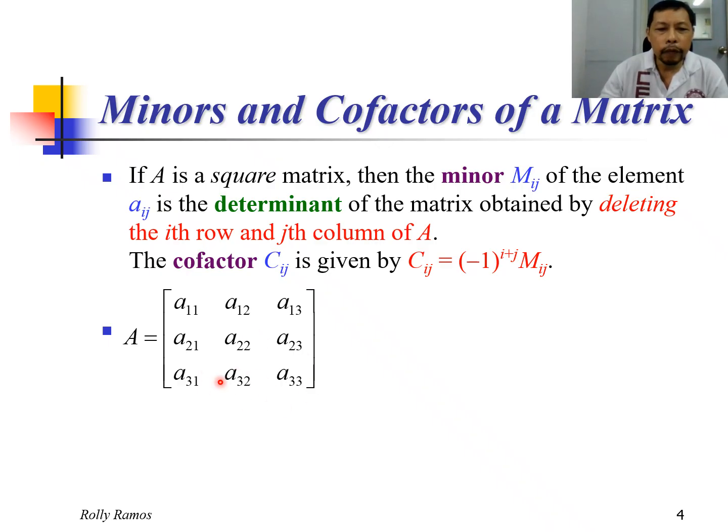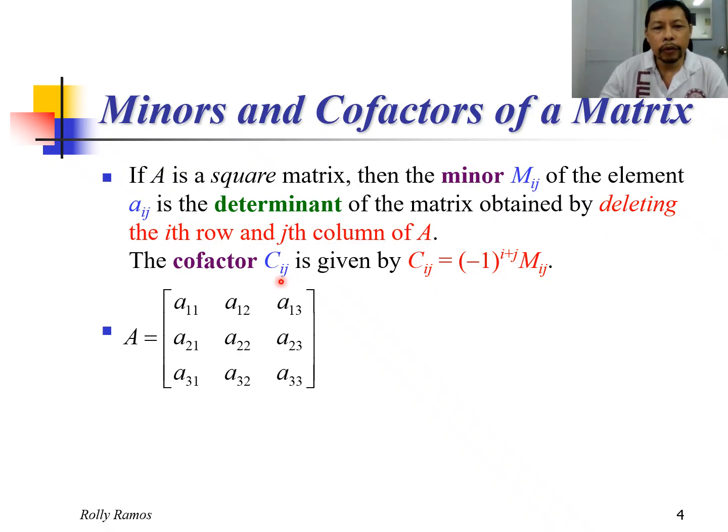Now if we are finding the minor of this element A32, we remove row 3 and column 2 and take the determinant of the remaining elements. We'll be having examples of that in the next slides. So that is the minor of a matrix.